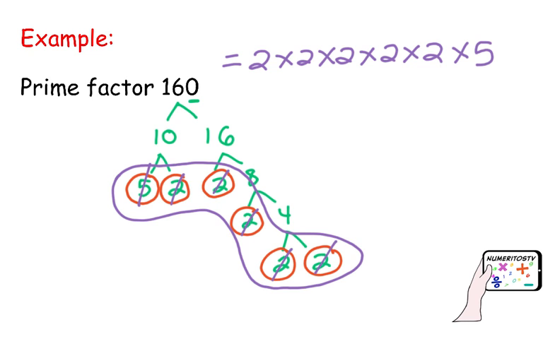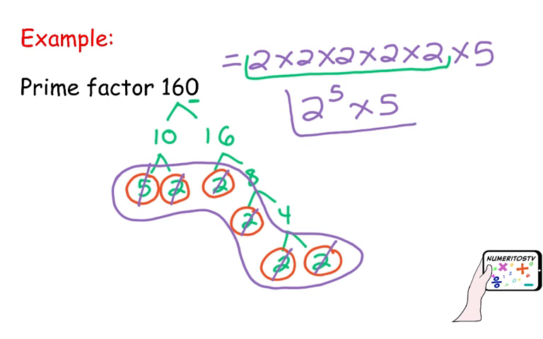And if you want to write it with exponents, you can write it as 2 to the power of 5 times 5. Both of these answers are correct. This one will be the expanded form. This one will be with exponents.